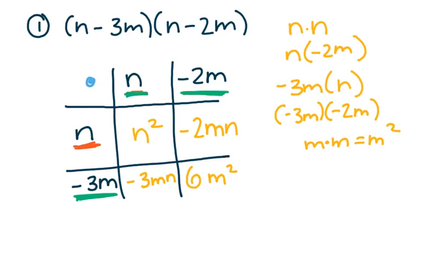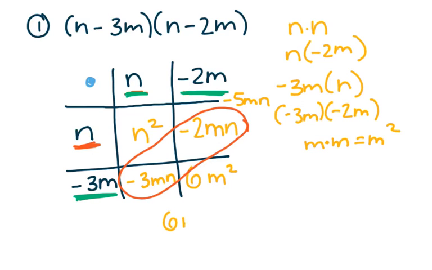Now along my diagonal in this problem, I still am able to combine these like terms. The like term in this case is mn. So I have a negative 3mn and a negative 2mn to give me negative 5mn. When I go to rewrite my answer in standard form, we do alphabetical order and highest exponents.